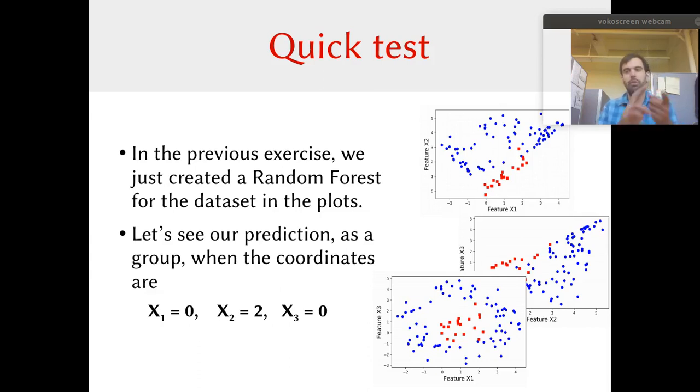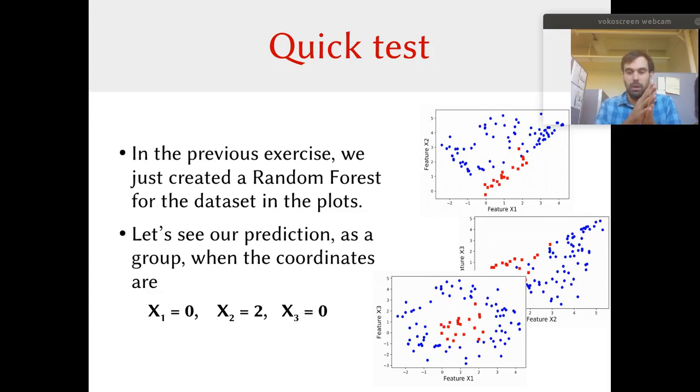So you have the decision tree, and a collection of decision trees with the majority vote gives you a random forest. Random forests are very good classifiers. If you have one classifier to try out of the box, it's good to try a random forest, which gives pretty good results.